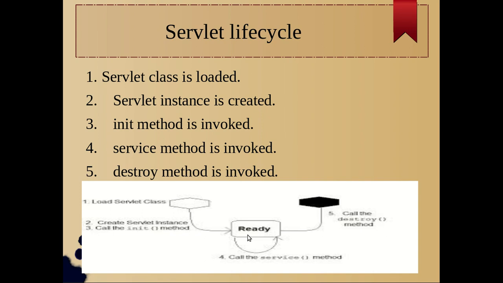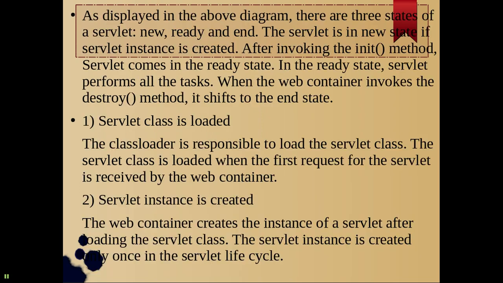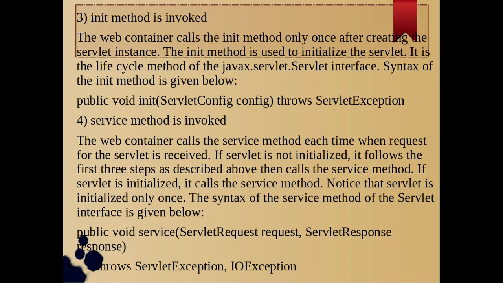Initially, first the servlet class is loaded, then its instance is created, the init method is called, the service method is invoked, and then the destroy method. After execution of the servlet, finally the destroy method is invoked to release the resources held by this servlet. The servlet class is loaded when a request is received by the web container, then its instance gets created.